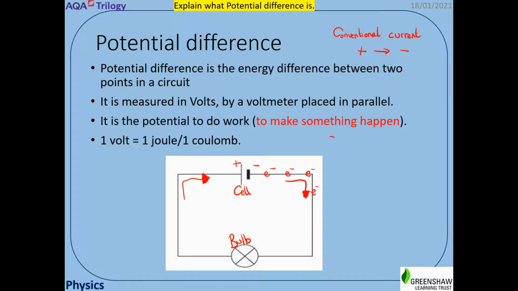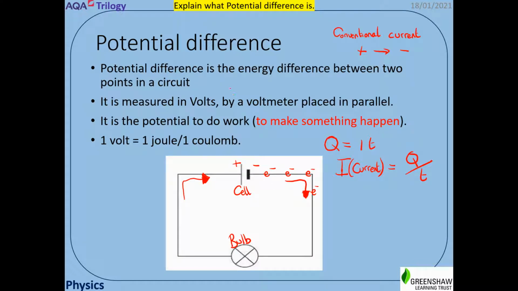Remember, we've got our equation, Q equals I times T, because I, which is current, is the amount of charge per second or per unit time. So here, however much charge we have per unit time is what our current is equal to. So effectively, if you think of the current as being the vehicle that is moving around the circuit.